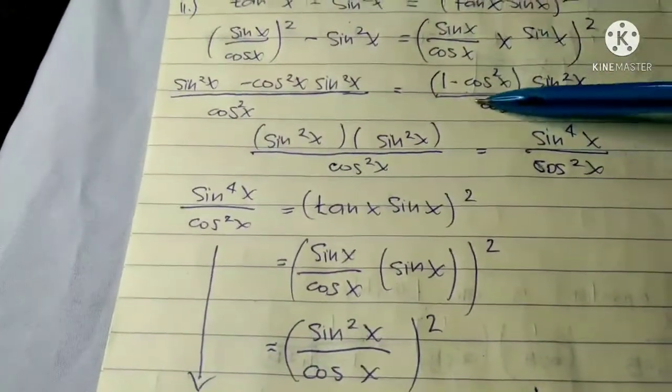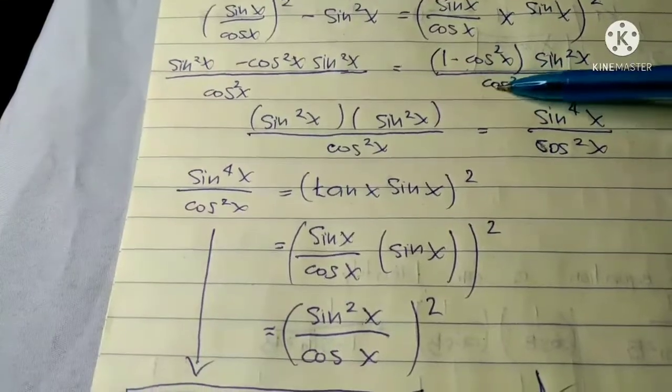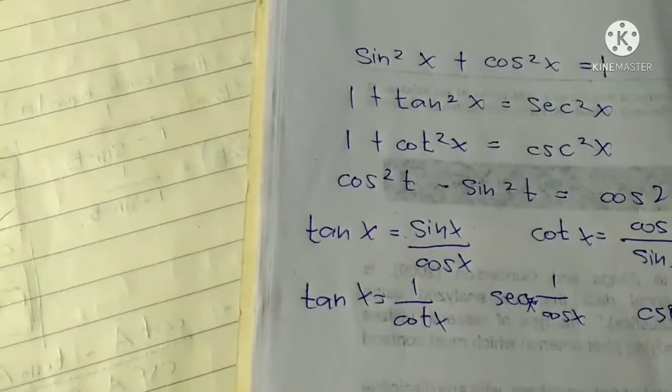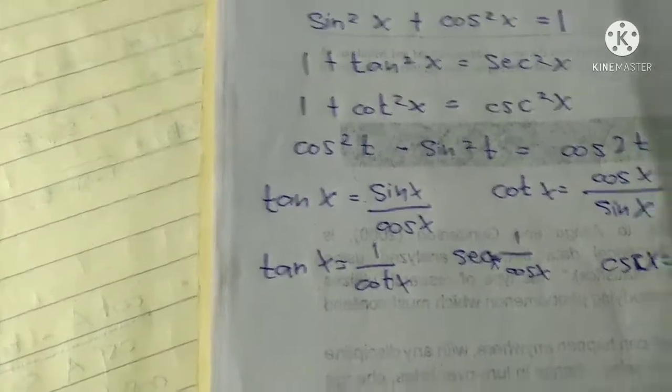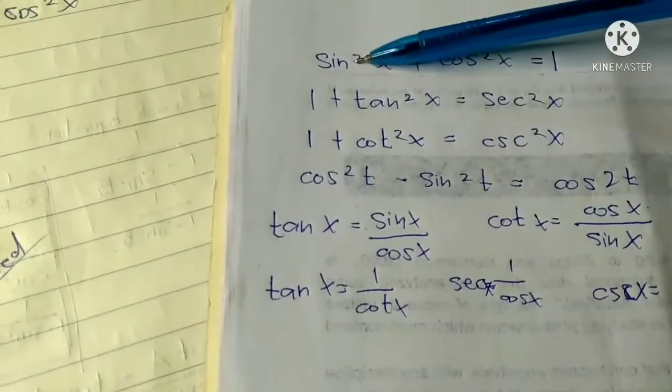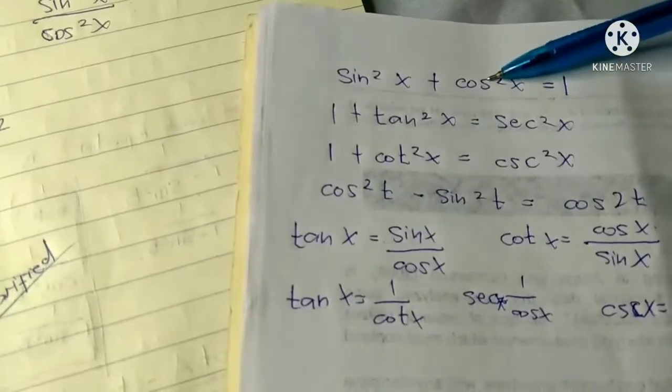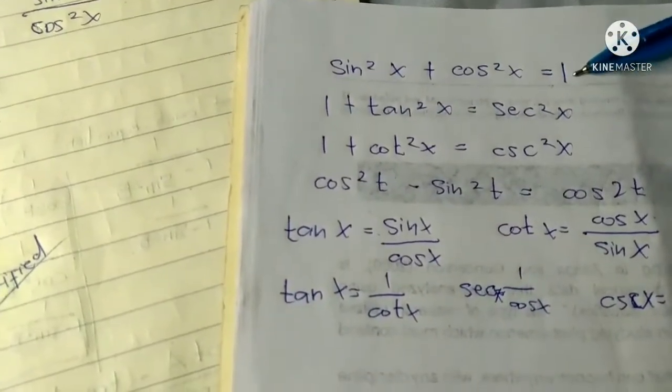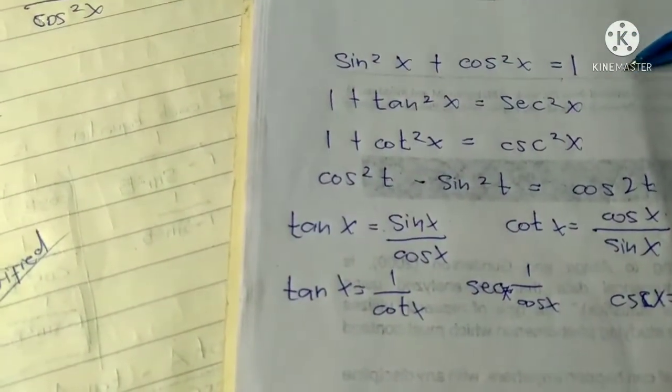So 1 minus cosine squared x, as you can see here, we can say that this is sine, because if we transpose this on the other side, we will get 1 minus cosine squared x.